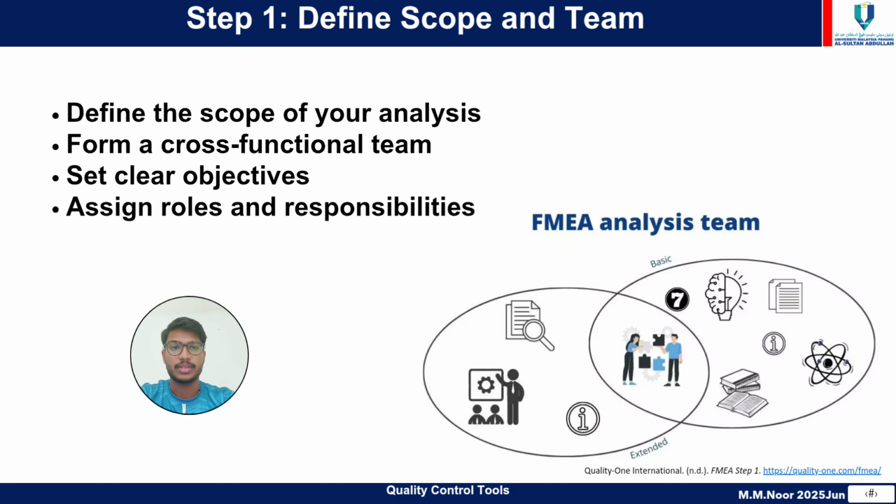Each team member brings a unique perspective, helping identify risks that others might miss, and finally set objectives such as improving safety, reducing downtime, preparing for product launch or increasing profits, and assign clear responsibilities for data collection, facilitation, and follow-up actions.